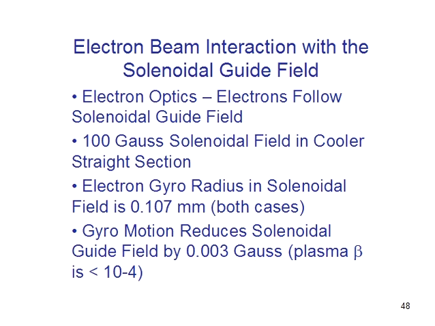The electron gyro radius in these solenoidal fields is about 107 microns for both the tritium and deuterium cases. The gyro radius motion reduces the solenoidal guide field by about 3/1000ths of a Gauss, leading to a plasma beta of less than 10 to the minus 4, indicating that from a plasma sense, the electron beam is an extremely stable plasma and should not have any problems with instabilities along its path.